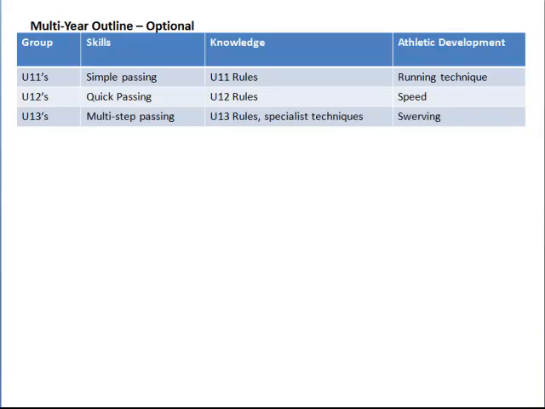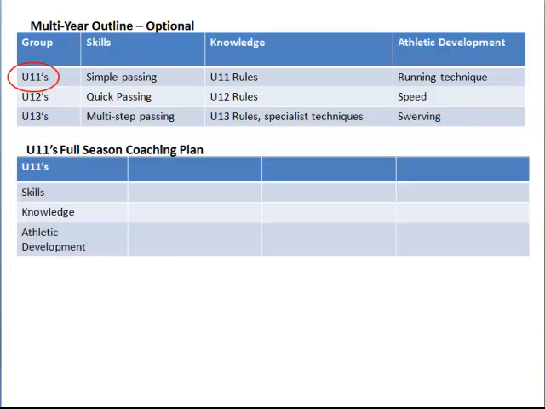The next step is to move into a full season coaching plan, and let's start with the under 11s. This will be the area where most coaches are working. We use the same headings, skills, knowledge, and athletic development, that we had in the multi-year outline. And we plan as many training sessions as we like. We then plan what we will do in a high level in each of those training sessions.